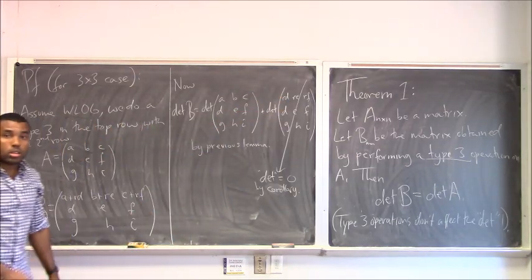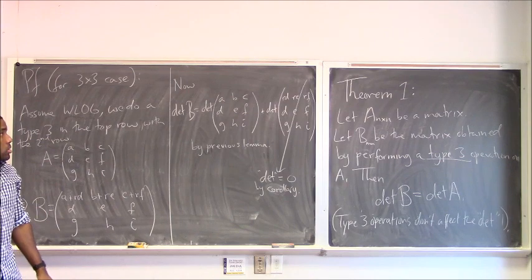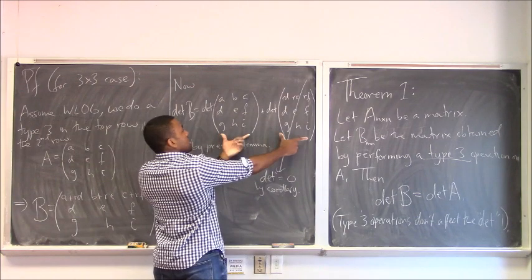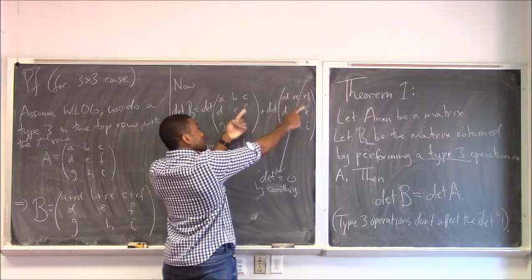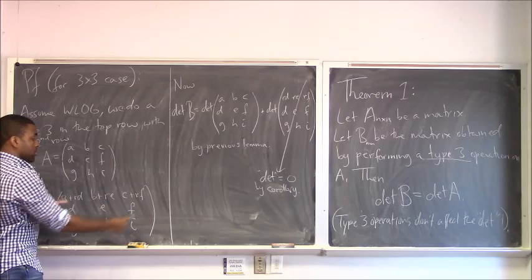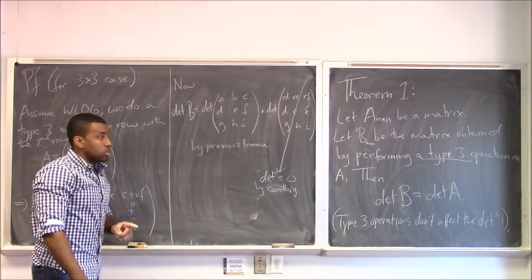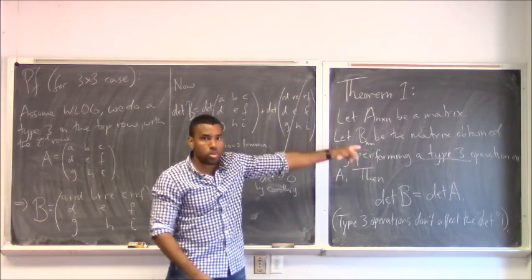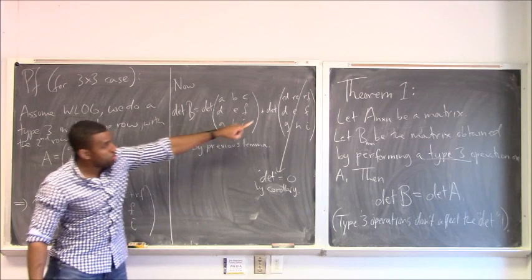Wait, you're saying the determinant of B is equal to determinant of A plus who? Yes. These two matrices are the same except for in the first row, where it is actually the sum of the first rows here. So it applies to the theorem that I had before. So I can write the determinant of this as the determinant of that plus that.